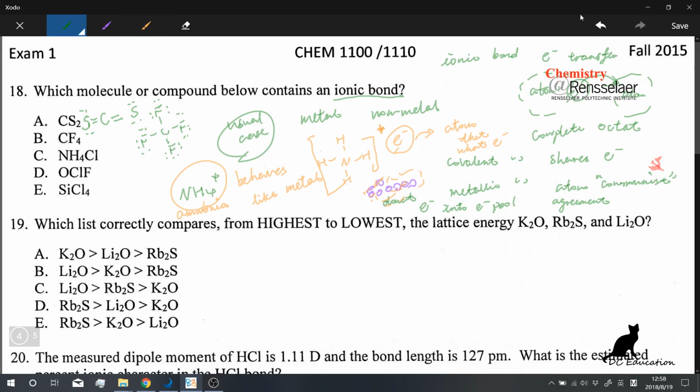Therefore, it will give us the correct answer C. So this electron over here will completely go to the Cl atom and form a Cl minus, and they will form a lattice structure because it's a bond between a metal and a non-metal. A lattice is certainly proof that there's an ionic bond formed between them, and we can still take a look at the rest of them.